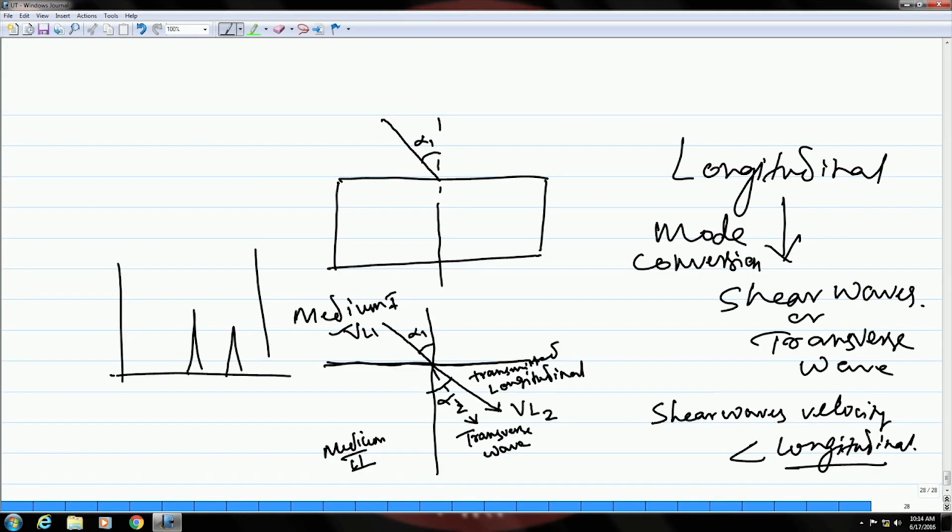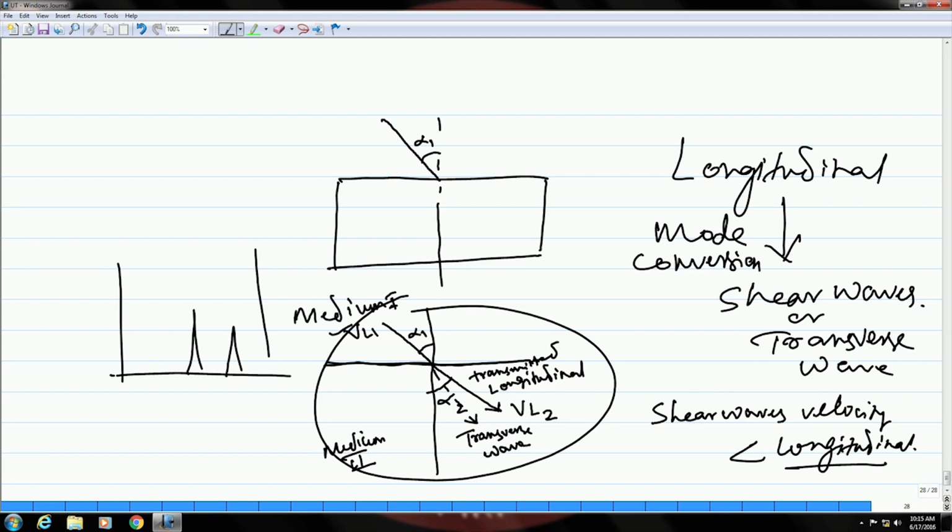Okay. So, if you want to do that, when you have this kind of scenario, then you need to exclude one of these waves, and as we are going to see now, you have to exclude the longitudinal wave, and the reason for that we will see in a moment.